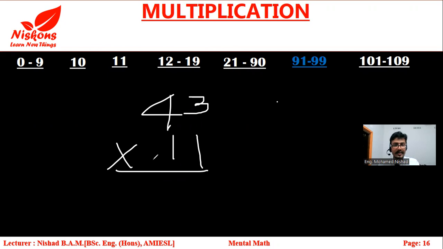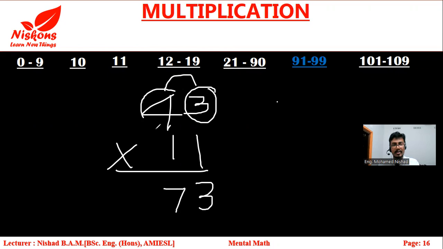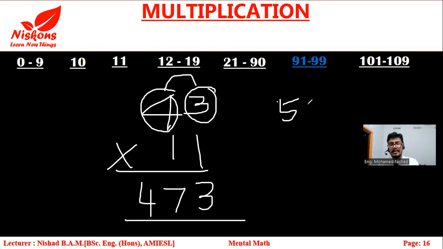Have you forgotten? It's very simple. We have to take this number and write it down here, and then add these two numbers together. 4 plus 3, that will be 7. And then we have to write this number here, 4. Simple, right? So then what will be 52 times 11?